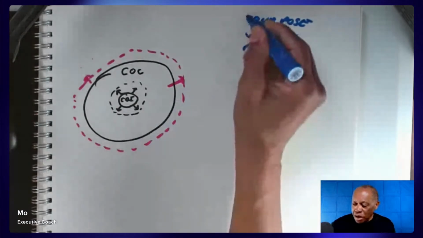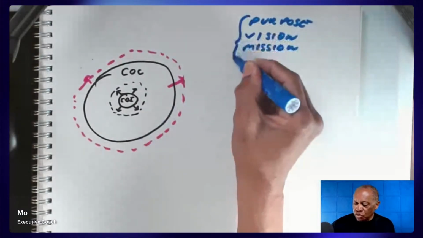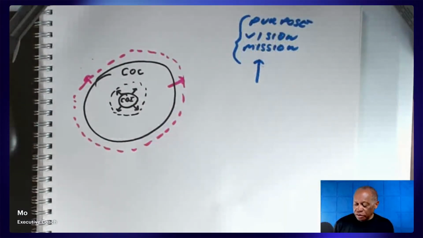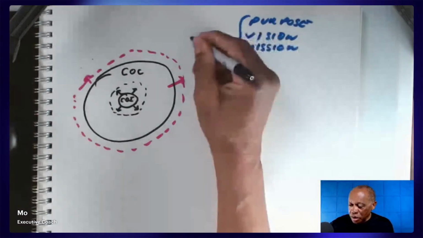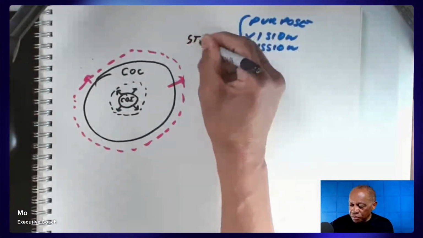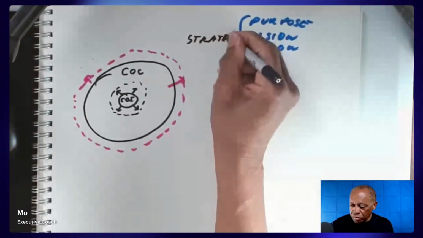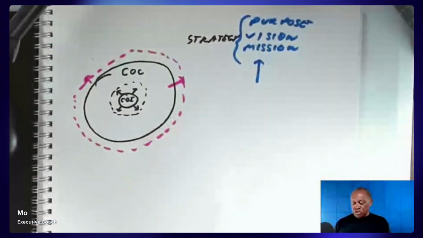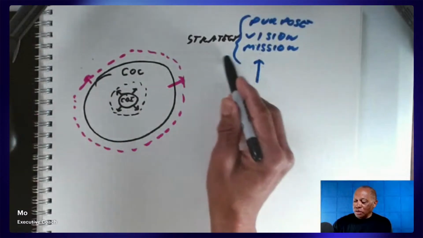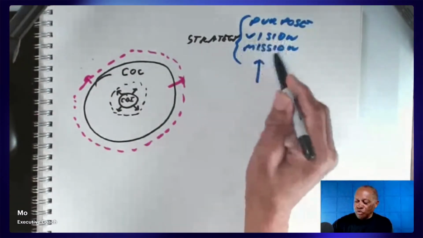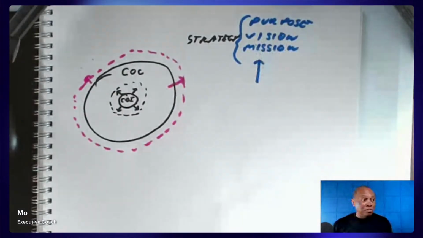And of course, the obvious thing is that your strategy needs to be aligned. So you don't want to have a misaligned strategy. I'm just giving this the shorthand here because we don't want to get caught in deciding purpose, vision, and mission. It can be very complex.